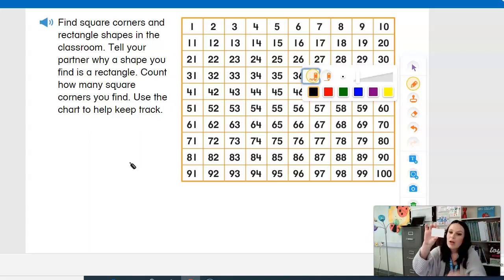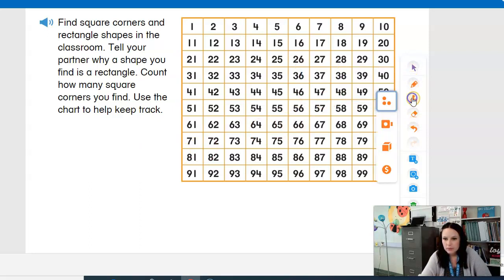So a rectangle has 4 sides, but they're not all equal. These sides are shorter than these sides down here. So that is a rectangle shape. So I won't put any markings on my chart because I'm only doing that with square corners.